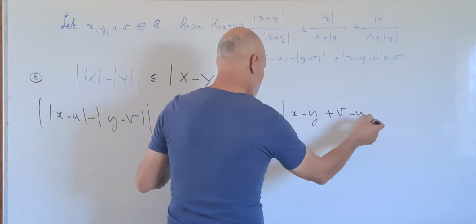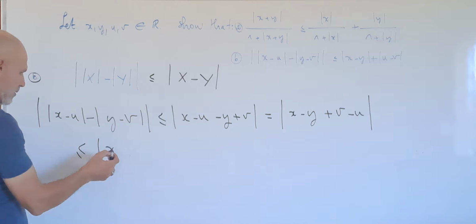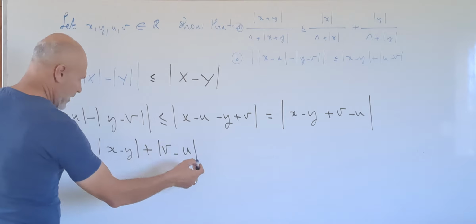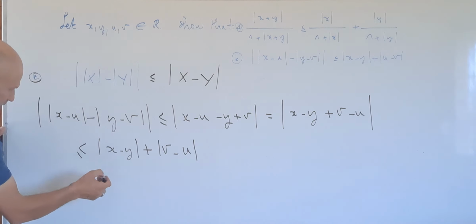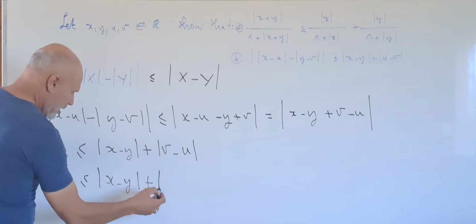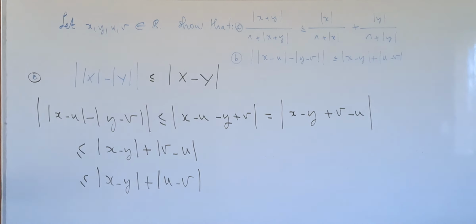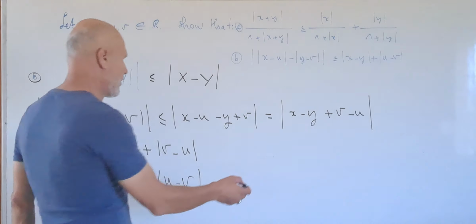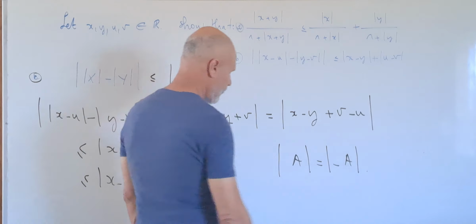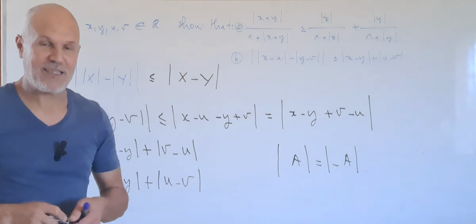Using the triangle inequality, we get less than or equal to the absolute value of x minus y plus the absolute value of v minus u, and this is exactly the absolute value of x minus y plus, if we take minus as a common factor, using the property of absolute value, we know that the absolute value of a is equal to the absolute value of minus a, the absolute value of u minus v.